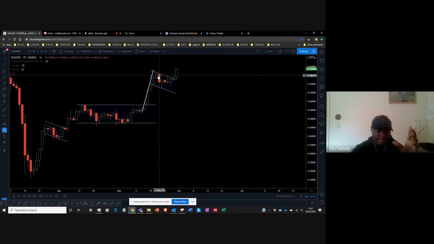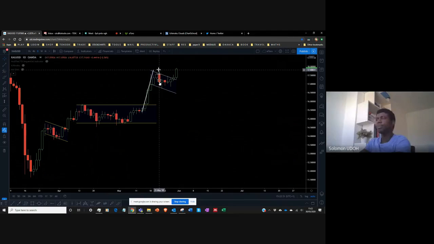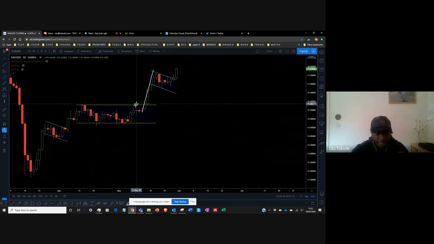Remember, using wave analysis, you have impulse and correction. This is the impulsive wave. After that wave, we consolidated, moved up, got rejected, bounced, moved up, got rejected, and it looks like we have broken out.